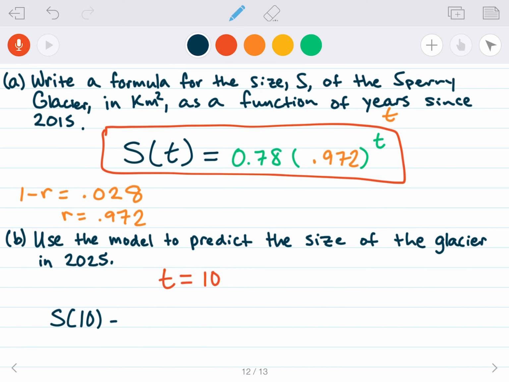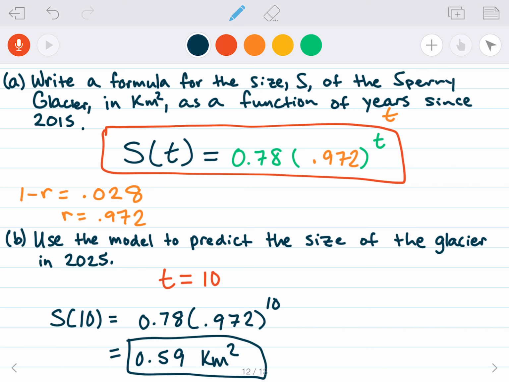So we're just going to plug 10 into our model for t. And punch this in the calculator and see what happens. So let's see, 0.972 to the 10th power times 0.78. All right, so if I round to 2 decimal places, this is going to be 0.59 kilometers squared left in 2025.